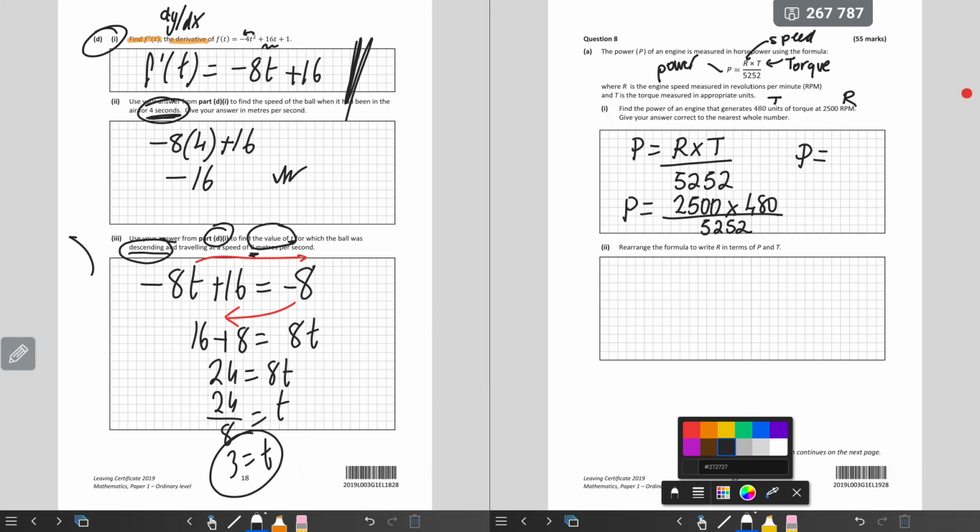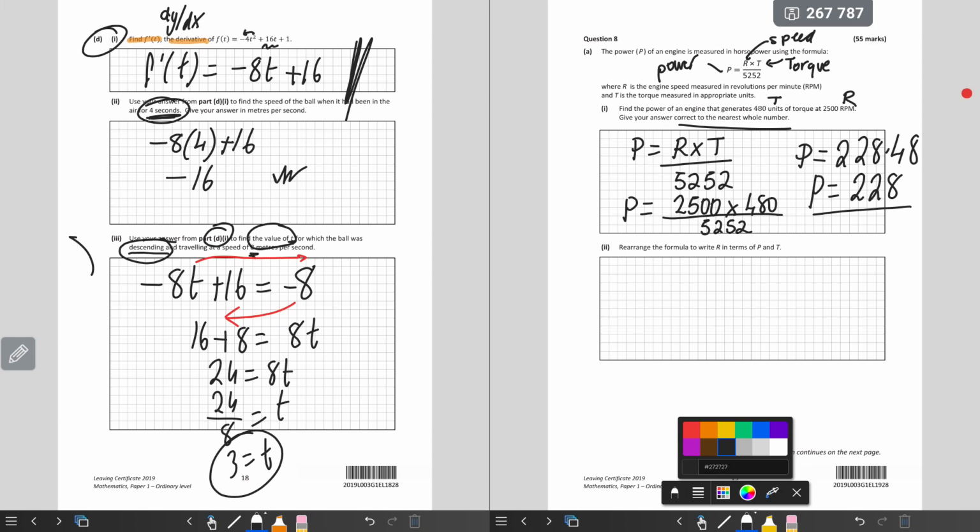So you put that in your calculator, it does say to the nearest whole number. Can't be the nicest looking thing. You get 228.48. So that's where the nearest whole number is. 228.